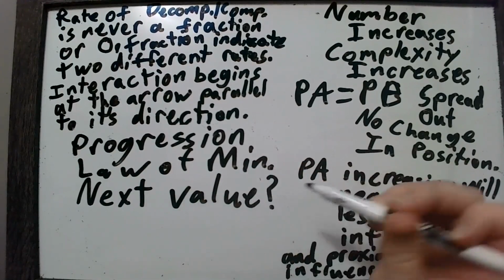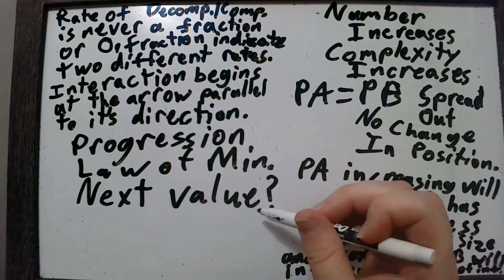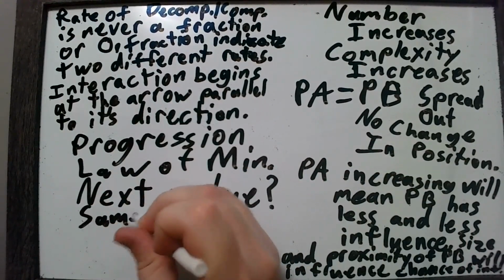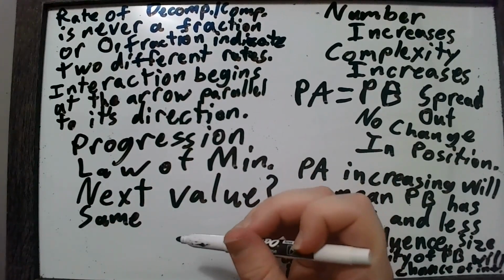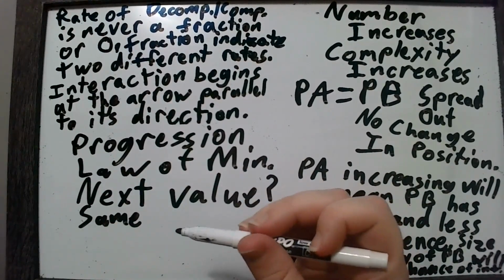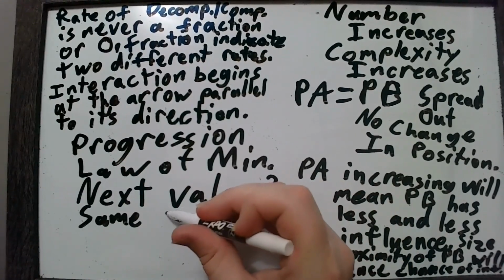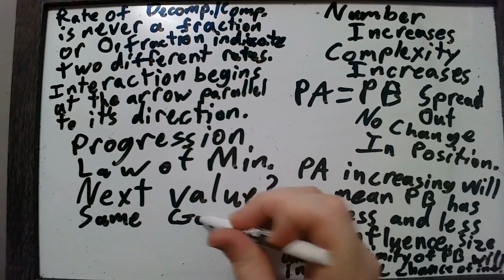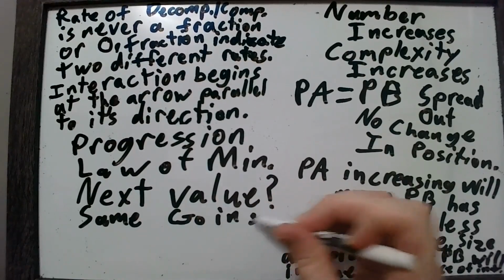Now, if all values in that next wave are the same, then it's going to just go in the direction of the arrow. Go in the same direction, right?